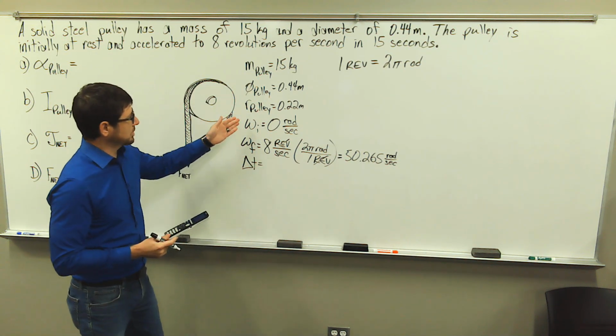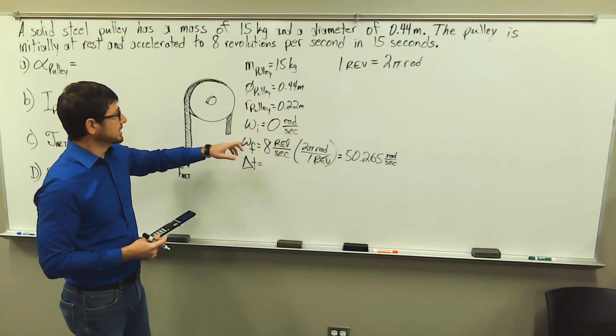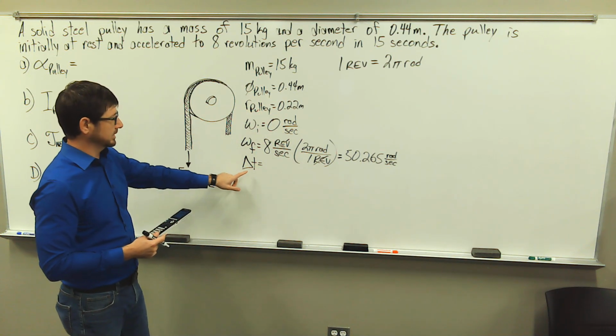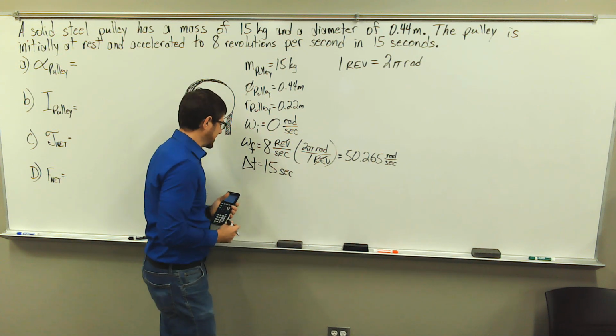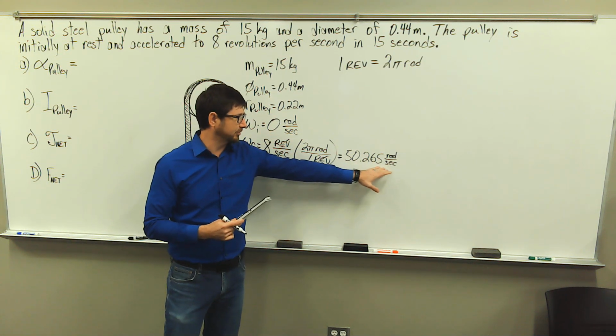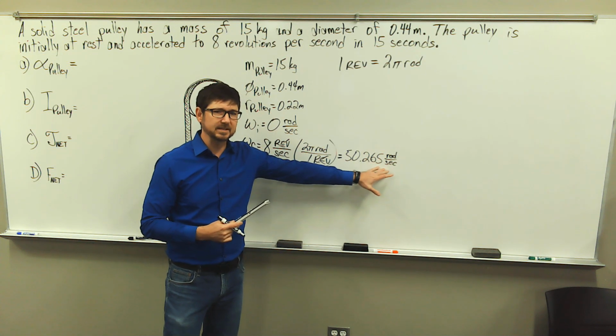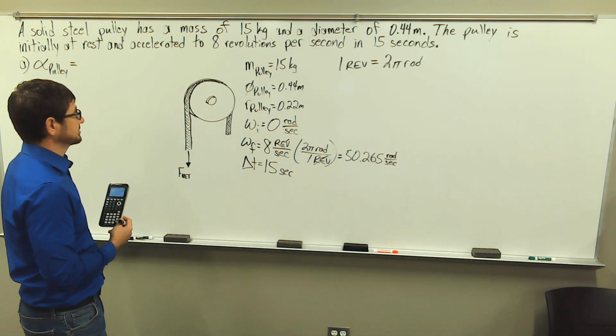So we're going to start with an initial angular velocity of 0 radians per second. We're going to accelerate the pulley for a time of 15 seconds, and at the end of the 15-second time interval, our final angular velocity is 50.265 radians per second. Okay?